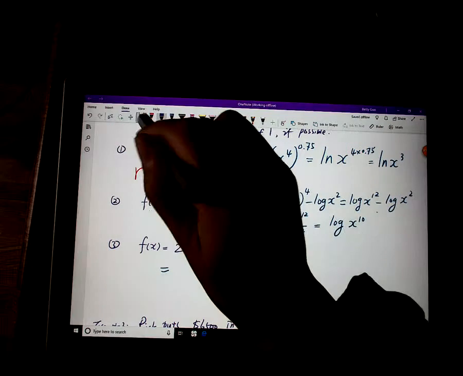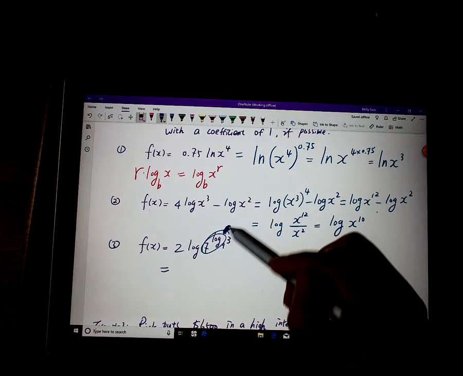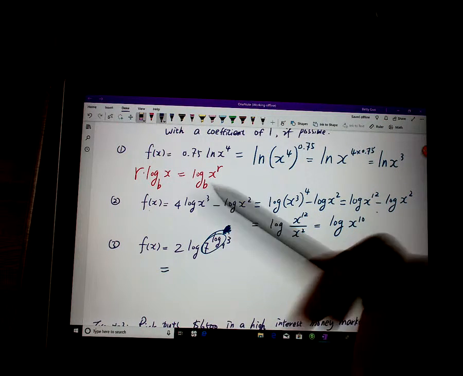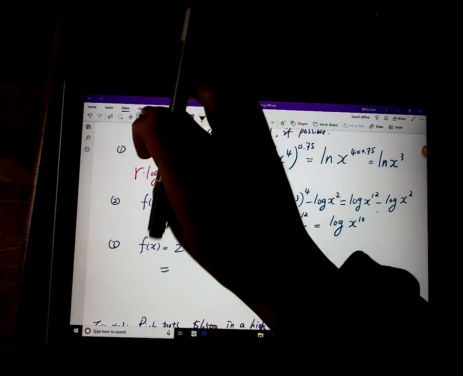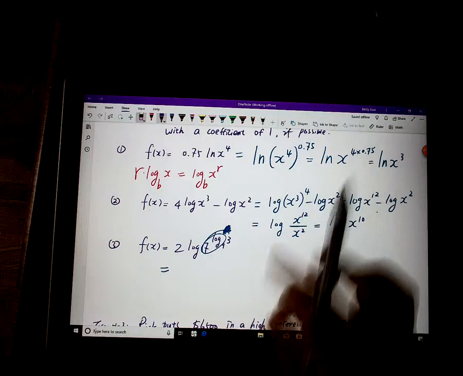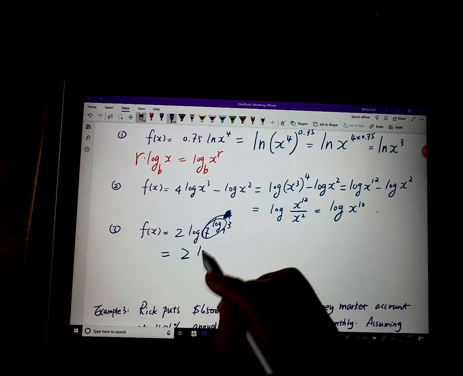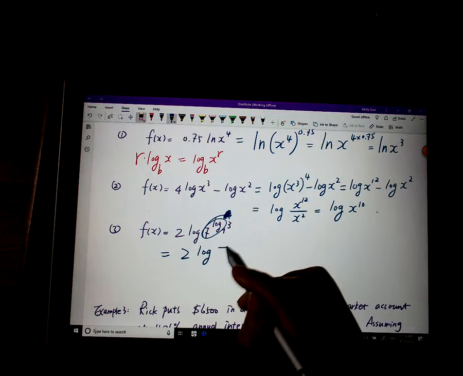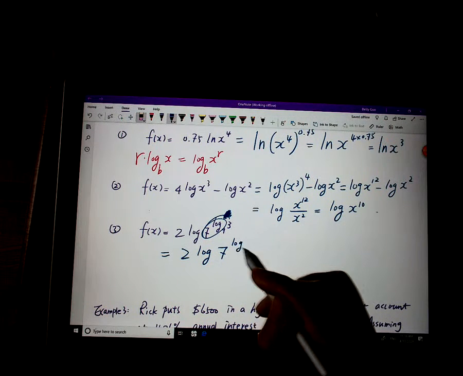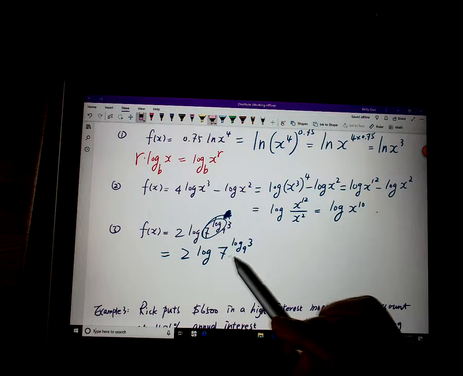I want to erase this part. It just doesn't let me, for some reason. I'll just rewrite it here: 2 log with base 10 of 7 log with base 9 of 3. So the argument of the logarithm is very complicated.